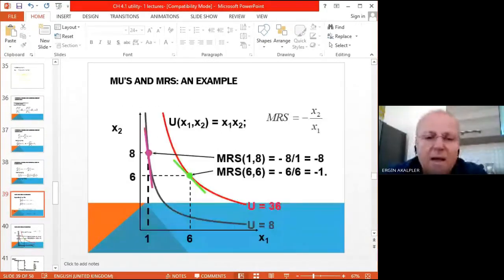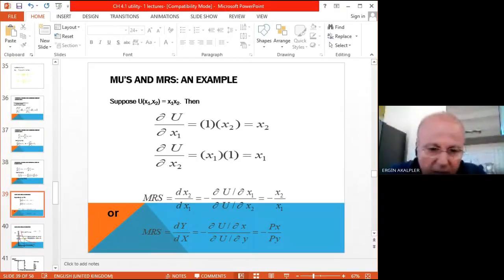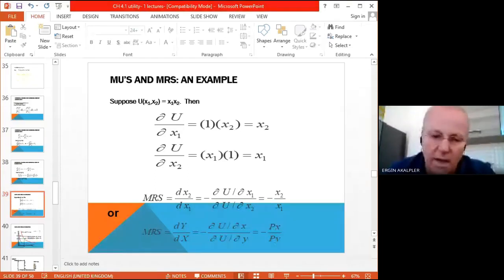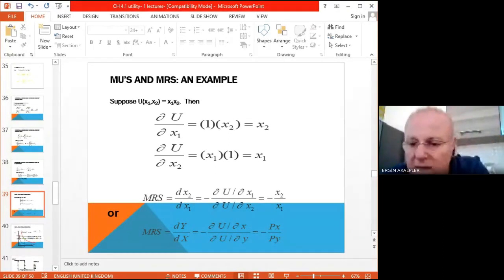As a result, delta y over delta x is equal to minus px over py, which is equal to the marginal utility of x over the marginal utility of y, sorry. Then you can add this either way, and you have this equation as a result of this scenario.